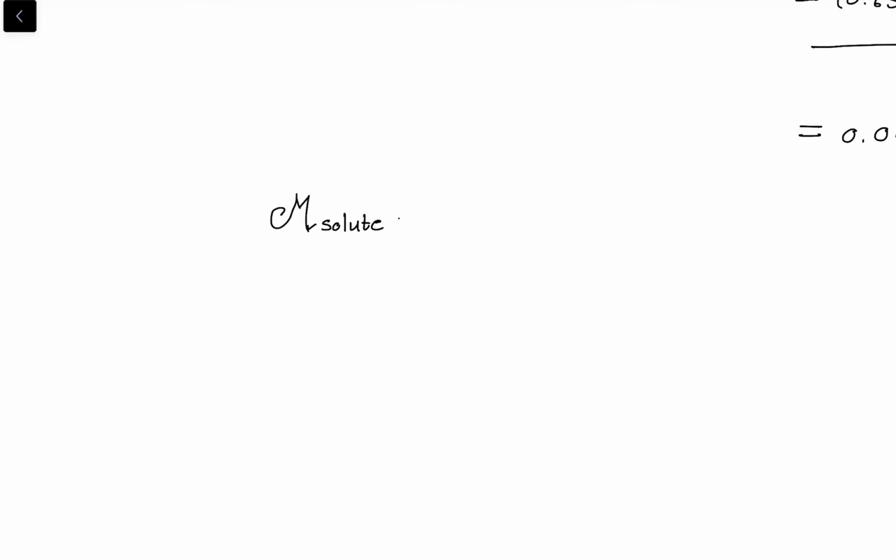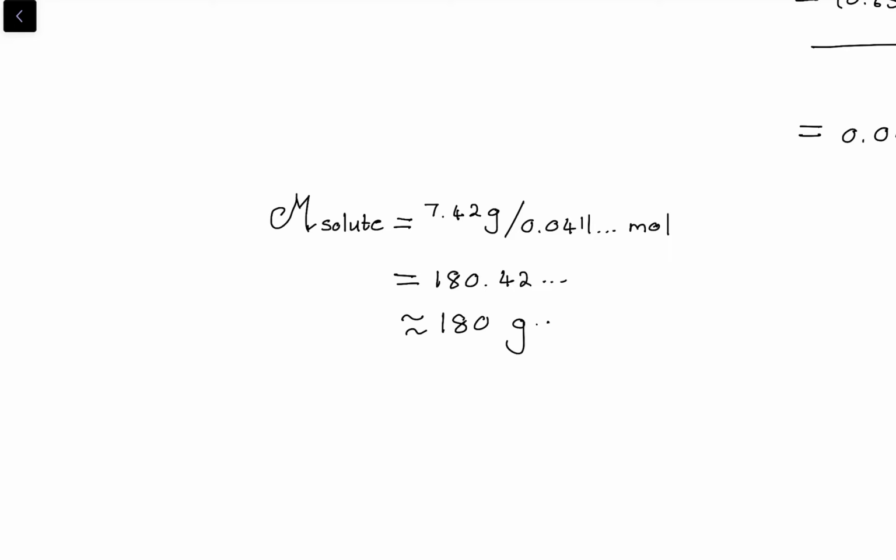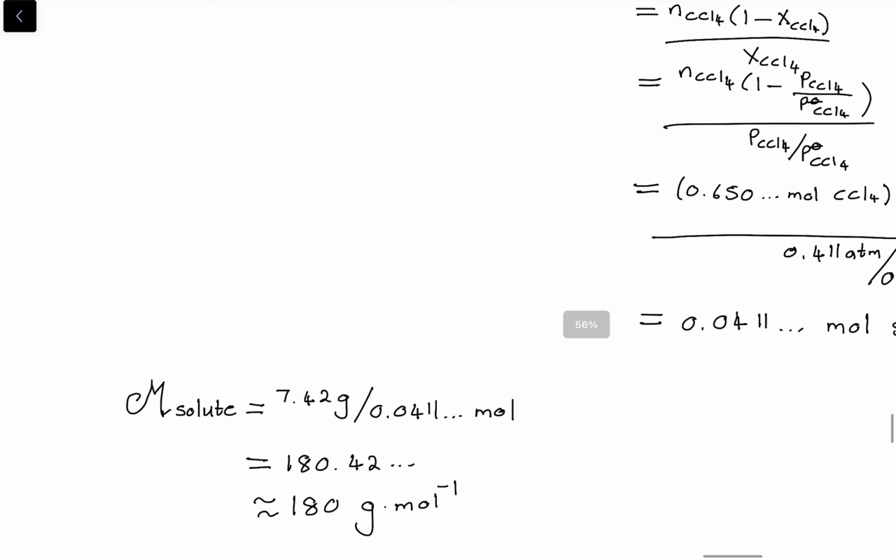The molar mass of the solute is 7.42 gram divided by 0.0411, etc. mole. That's going to give us 180.42, etc., which you can round to 180 gram per mole. Okay, and that's the molar mass of the solute.